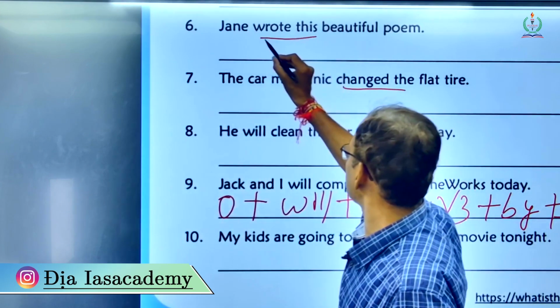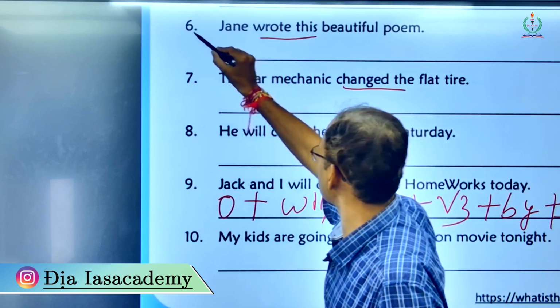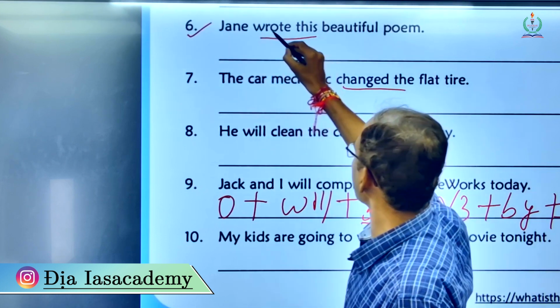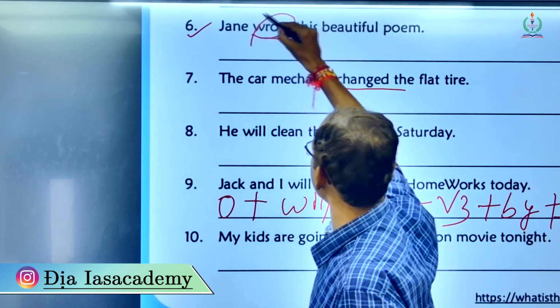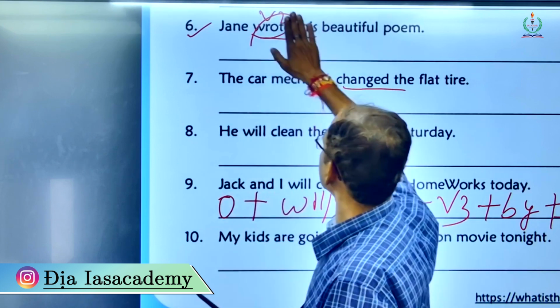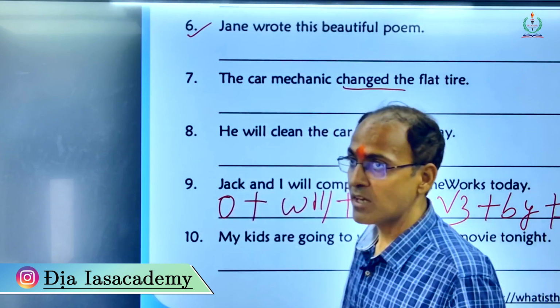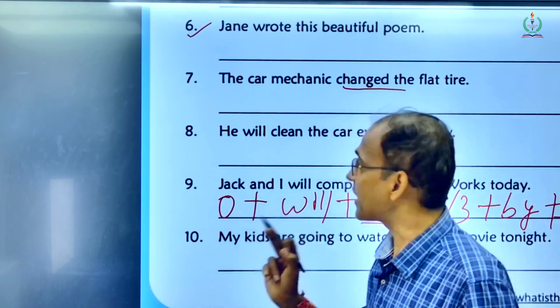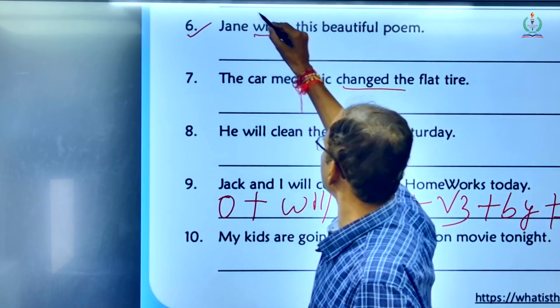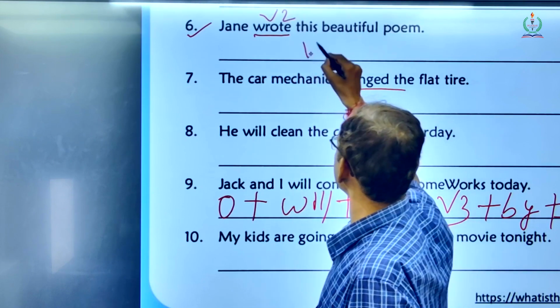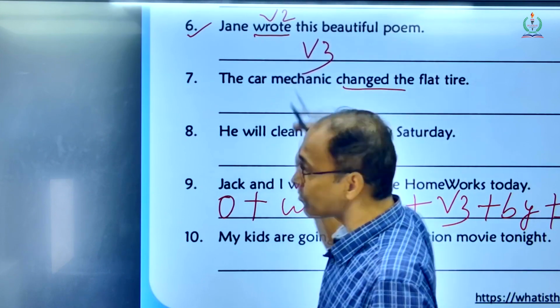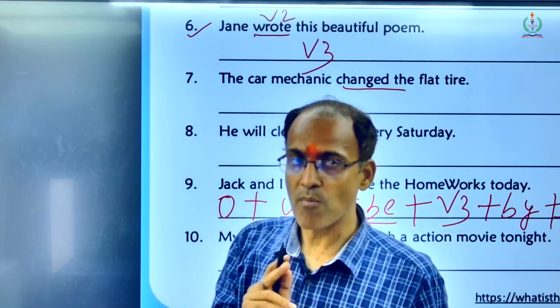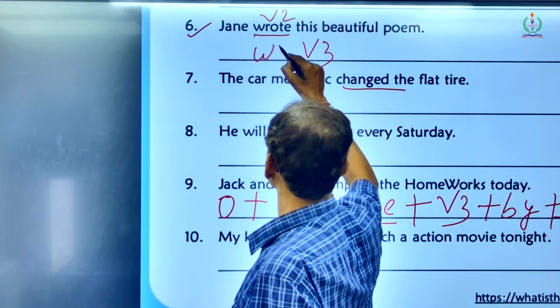In the sixth question it is mentioned wrote. This is V2 form of verb, or nothing but past tense form of verb. Wrote is past tense form of write. Write, wrote, written. So this is V2. So this will become V3, but the helping verb which goes with the V2 form of verb is was.